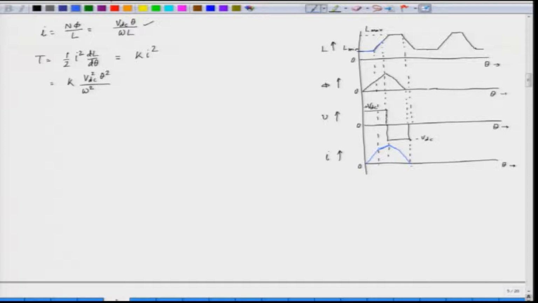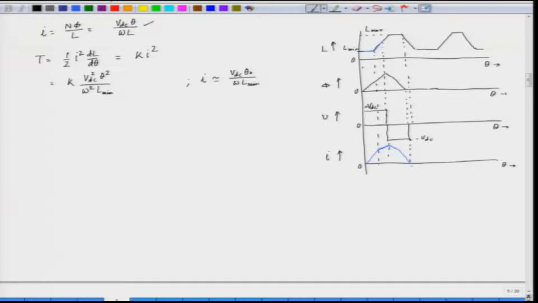So, this is the current which is here. So, we can write here that L is equal to L minimum, approximately L minimum here, and I in this case during dL by d theta is equal to VDC into theta naught by omega into L minimum.